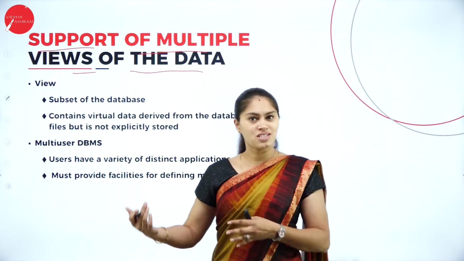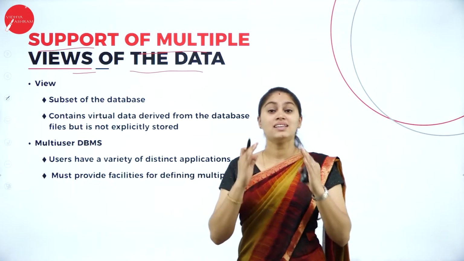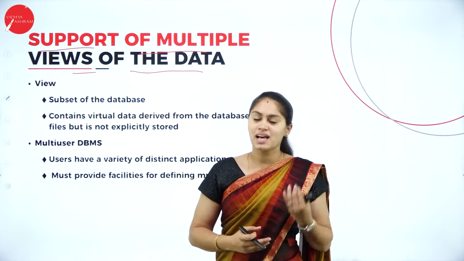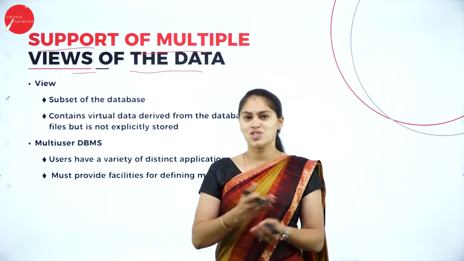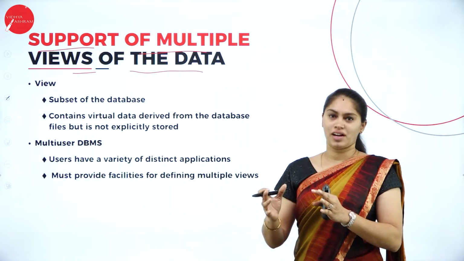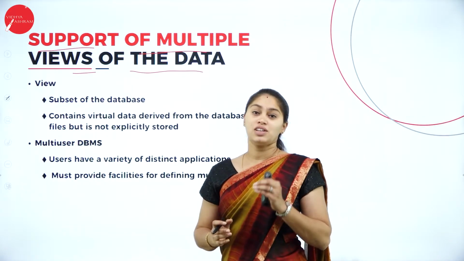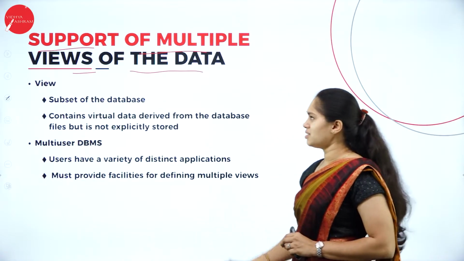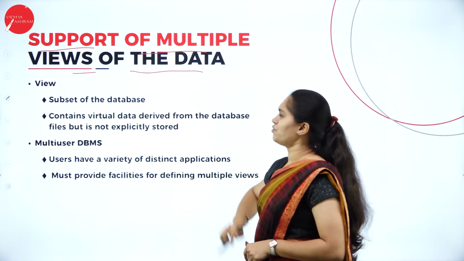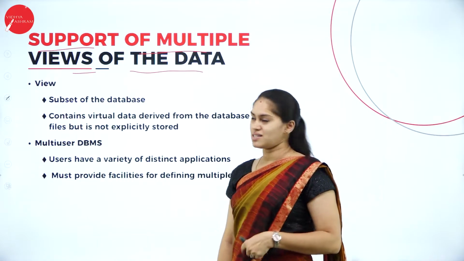In the accounts section, I will bother about whether they have paid or not, so that perspective of the database will be different from the viewer's. And for a database administrator, who is managing everything, the perspective of that database will be different. So the database has to support different views for different users. That is possible when we have this characteristic, support of multiple views of the data. Data can be viewed from multiple perspectives.